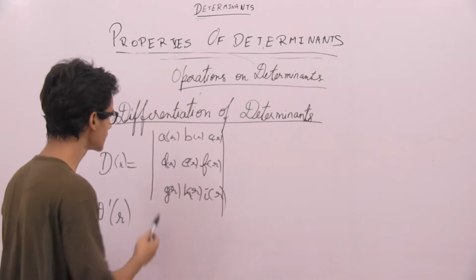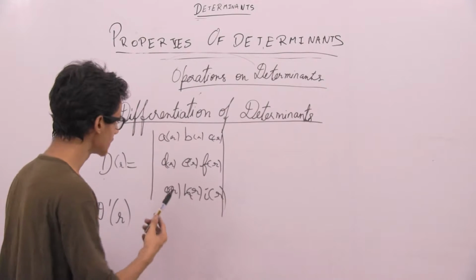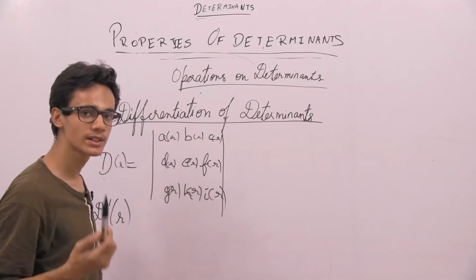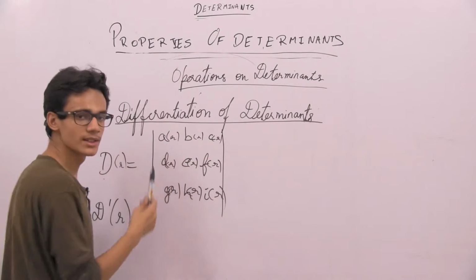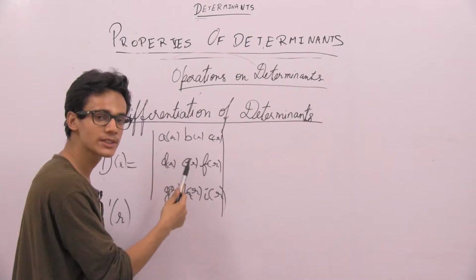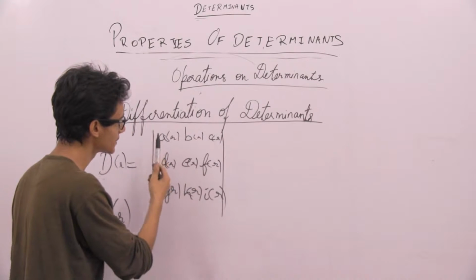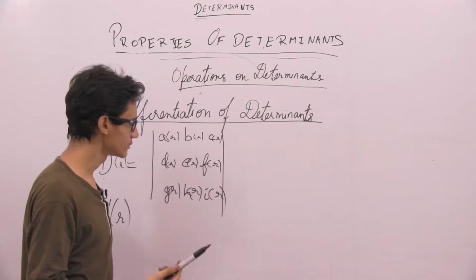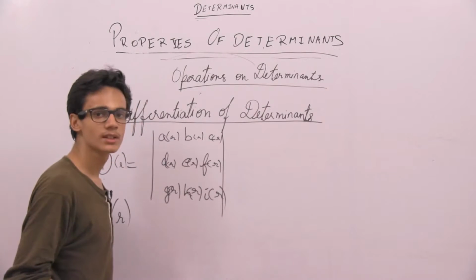One way is we can simply evaluate the value of the determinant. We can open up the determinant by using the same method we learned earlier, taking a row, then taking all the elements one by one and multiplying them by their cofactors, then adding all the values together.